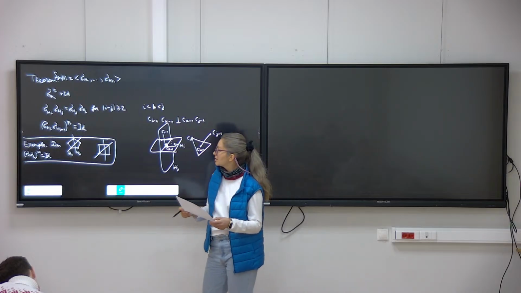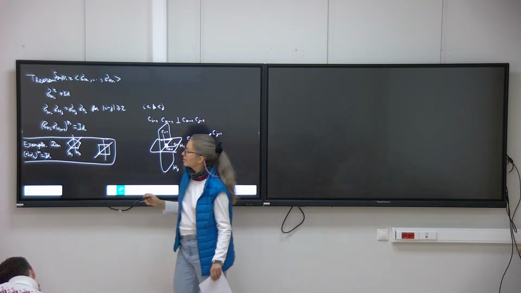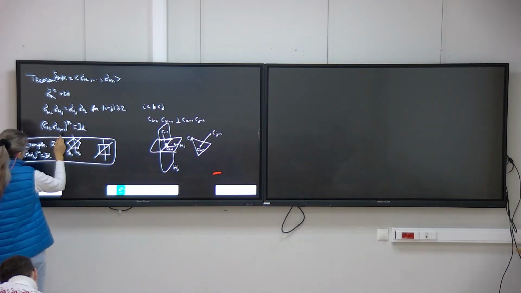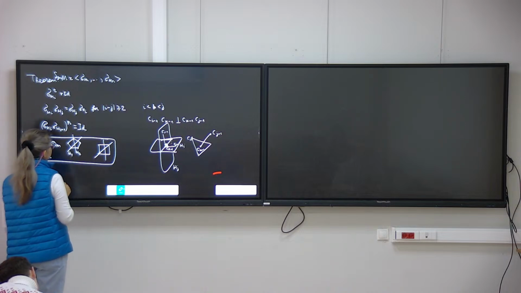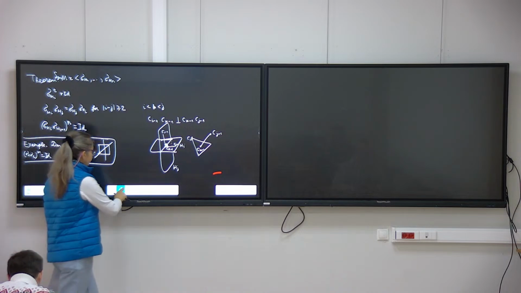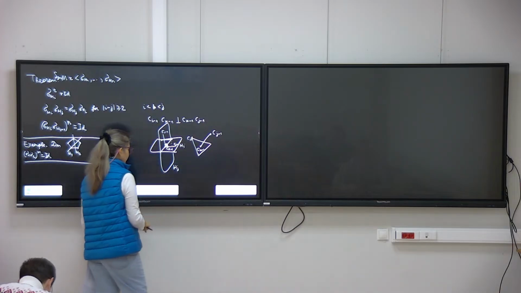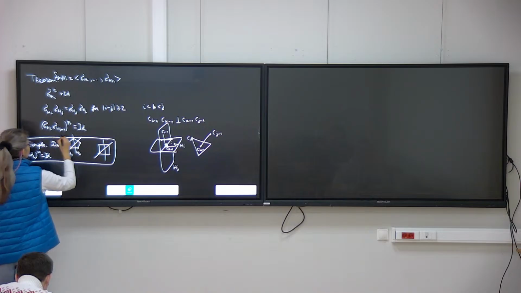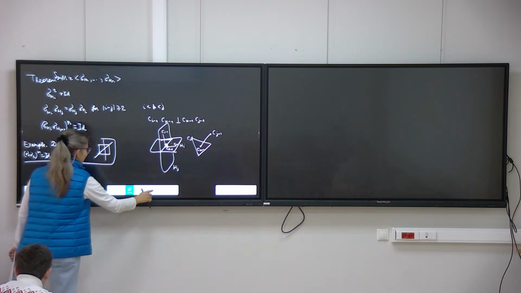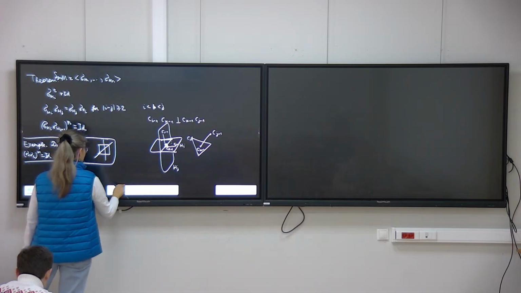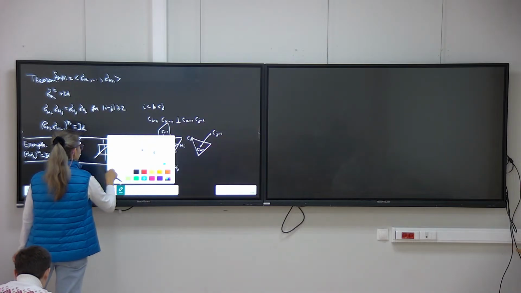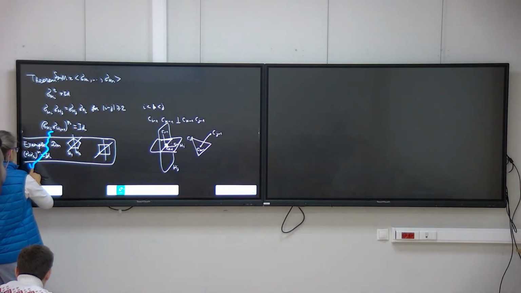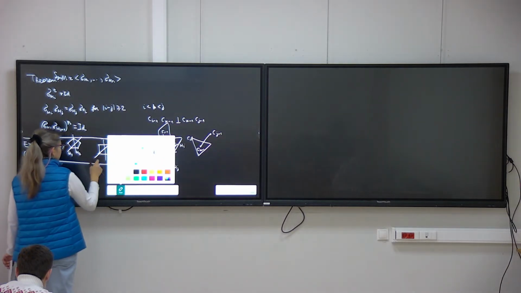And now the second. Why is sigma h i, sigma h i plus 1 to the power p i the identity? So I want to prove this by induction, induction by i.